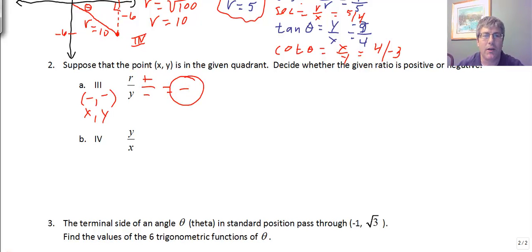Our ratio here is negative. In quadrant 4, the fourth quadrant, x's are positive, y's are negative. So if our ratio is y over x, that would be a negative over a positive, which is also negative.